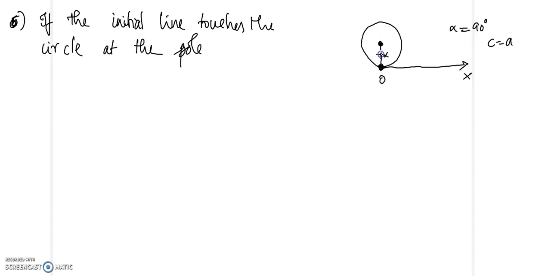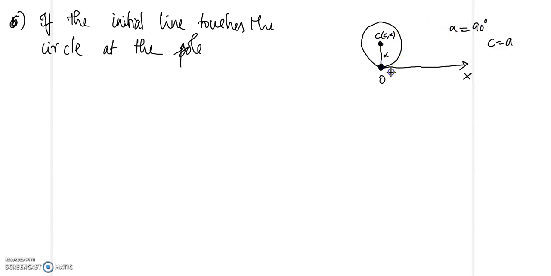So this will be your center. So this will be C, alpha. Okay. This is the point on the circle and this is the center. Then C is the radius, so it will be equal to a. So C will be a and here alpha will be 90 degrees.